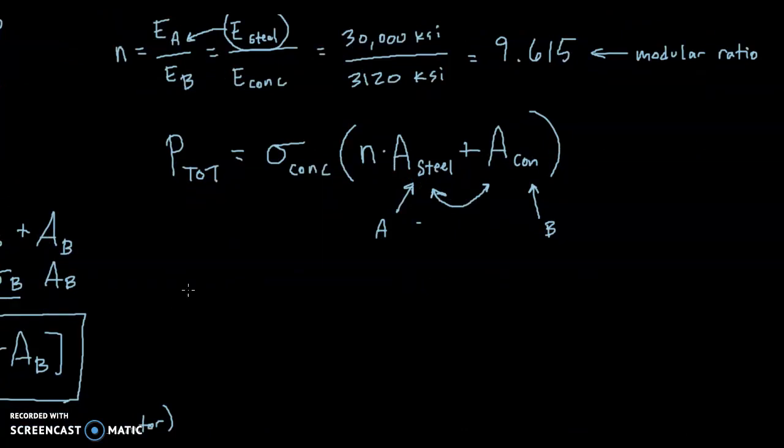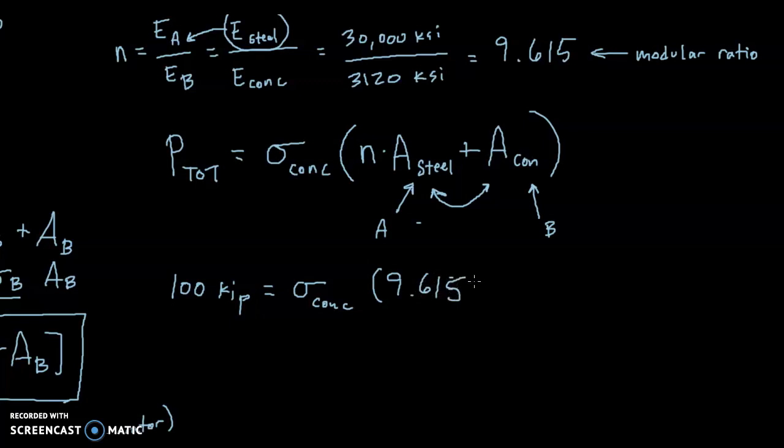So I have 100 kips load is equal to the stress in the concrete, which I don't know, multiplied by the modular ratio, 9.615.